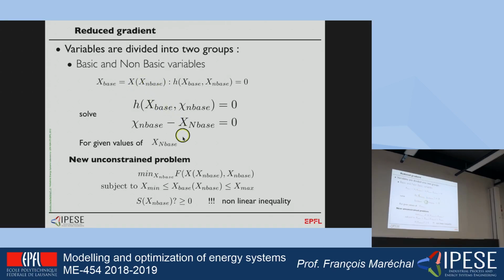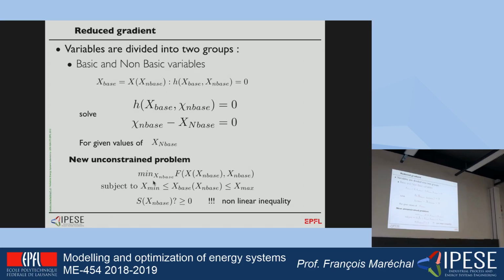Which means that now I can formulate a new problem which has no constraints anymore, which depends only on the non-basic variables, because each time I'm fixing the value of the non-basic variables, I'm able to calculate all the other ones by solving the set of equality equations that I have in my system.